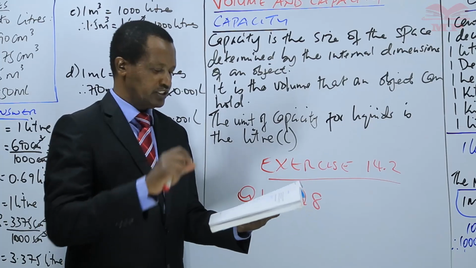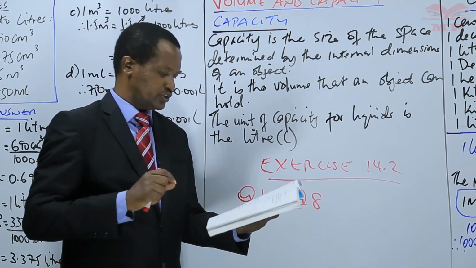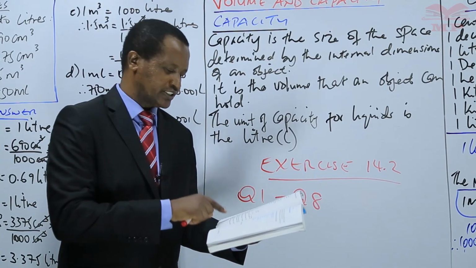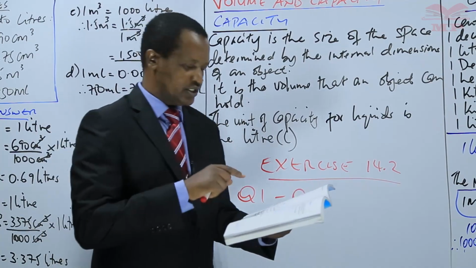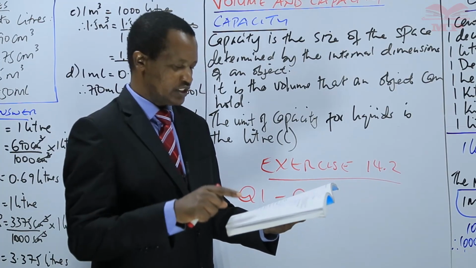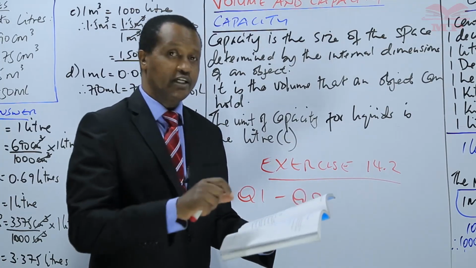A very good question. Another question says, a school water tank has a radius of 2.1 meters and a height of 450 centimeters.